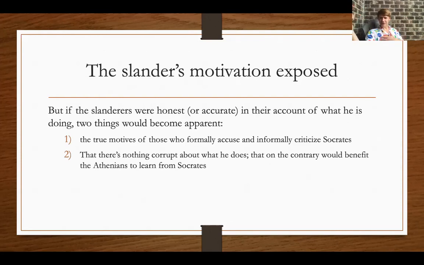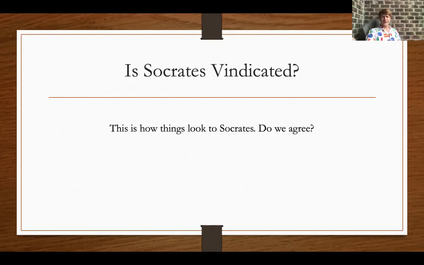If they were to be honest with themselves and think about why they are accusing Socrates and what they're accusing him of, they would realize that their motivations are malicious. They want to accuse and criticize Socrates. But they would also come to see that Socrates is benefiting Athens by helping specific Athenians think more deeply about what it is that they claim to know.